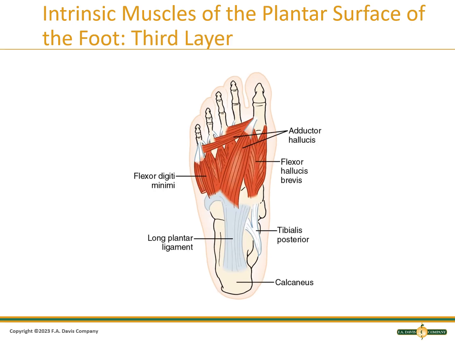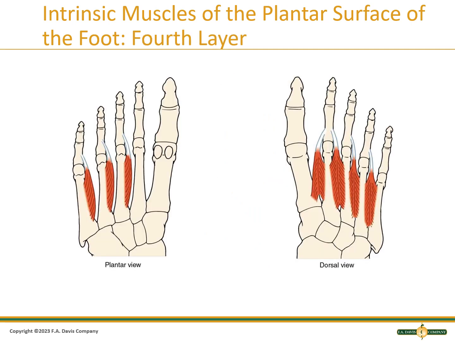Then going down into our third layer, we've got flexor digiti minimi, flexor hallucis brevis, and our adductor hallucis. And you can see tibialis posterior wrapping around there on that medial aspect. And then we've got our dorsal and plantar interossi. Remember, our dorsal are going to abduct.